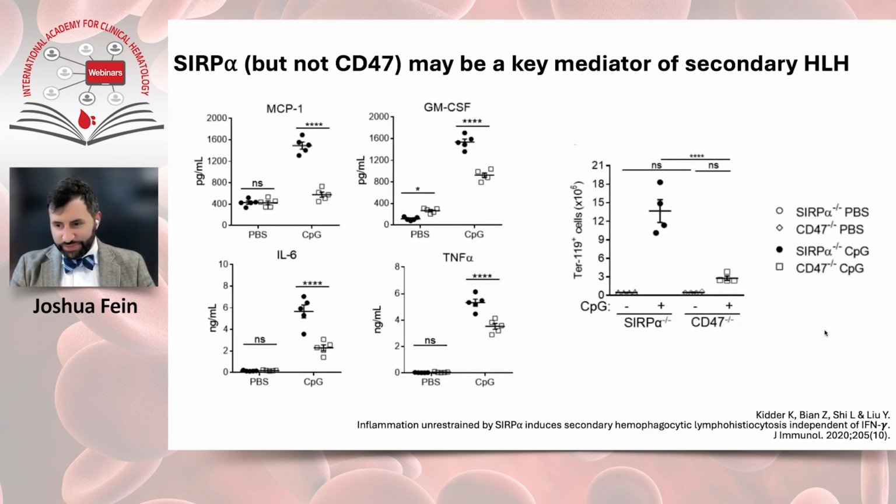Another interesting observation that's come up very recently is that SIRP alpha may actually be an important mediator of secondary HLH. And so this is a study from Kidder et al. in 2020.